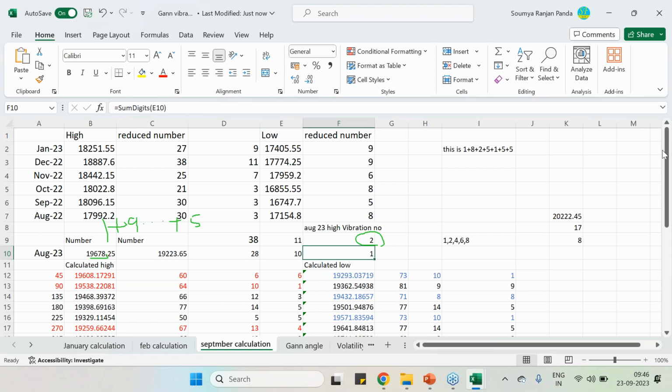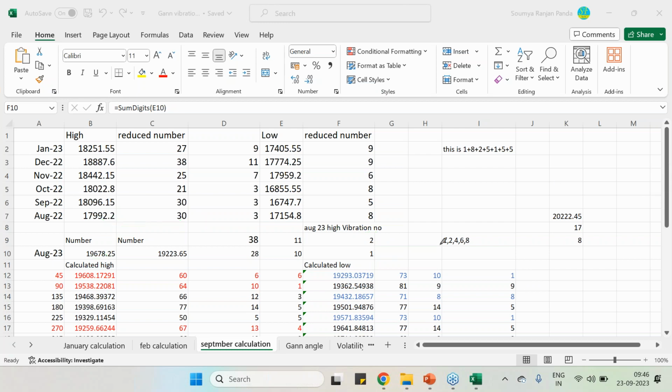So you got the vibration number for the high as 2 and the vibration number for the low as 1. So these are the vibration numbers you got. So what will be the outcome? This high vibration number is 2, low is 1.